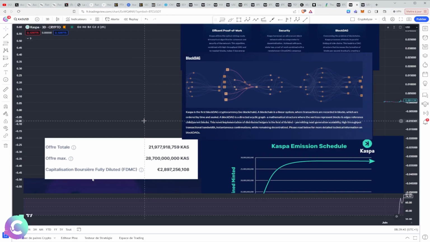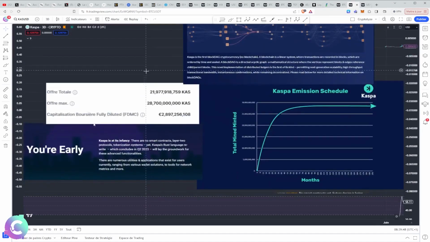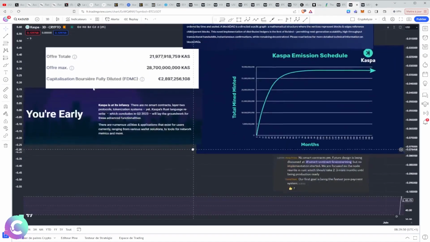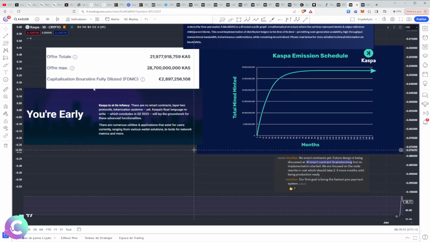So there are other small points that we need to pay attention to. It is that we define KASPA as being the evolution of Bitcoin, whereas for me it is different. We are in a technology which is once again different. And what makes Bitcoin strong is not so much its technology itself, it is the purity of its original technology, its simplicity, but it is also its decentralization. Understand that it is currently the protocol that is the most decentralized because it has resilience, because there are a lot of validating nodes, because there are a lot of actors present in the mining, and that's what makes it resilient.